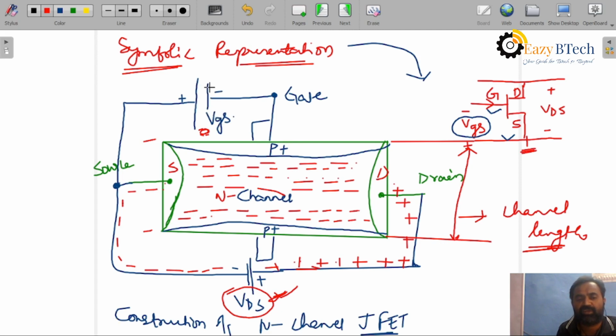The amount of input field applied across the gate terminal decides the amount of current flow in the channel. Now when VGS is maximum negative and VDS is 0, there is no current flow. It means when VDS is maximum, overlapping can take place.